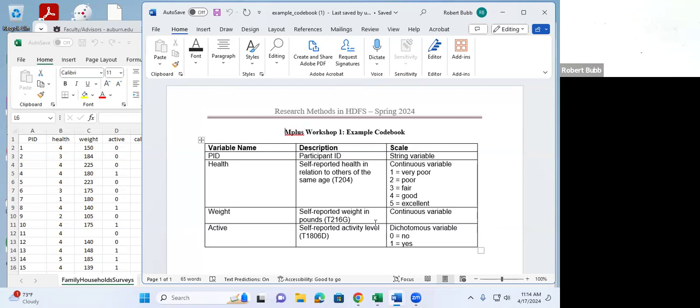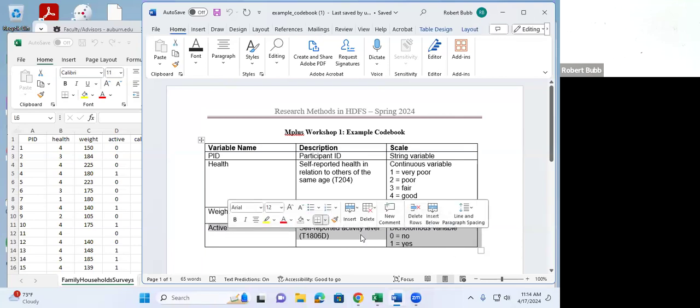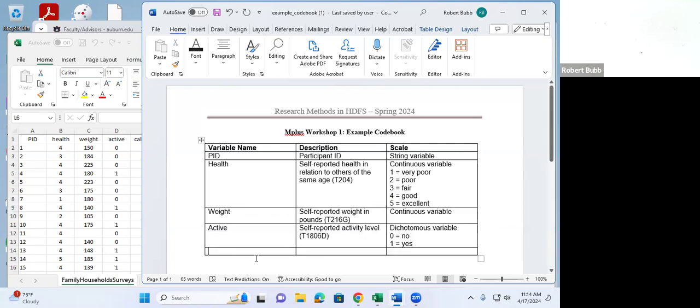But anyway, so we do need to add a variable in here. If you left click and hold and highlight that last column, you can insert a row below. So insert below, and that'll give you another row there that we can put in our next variable.